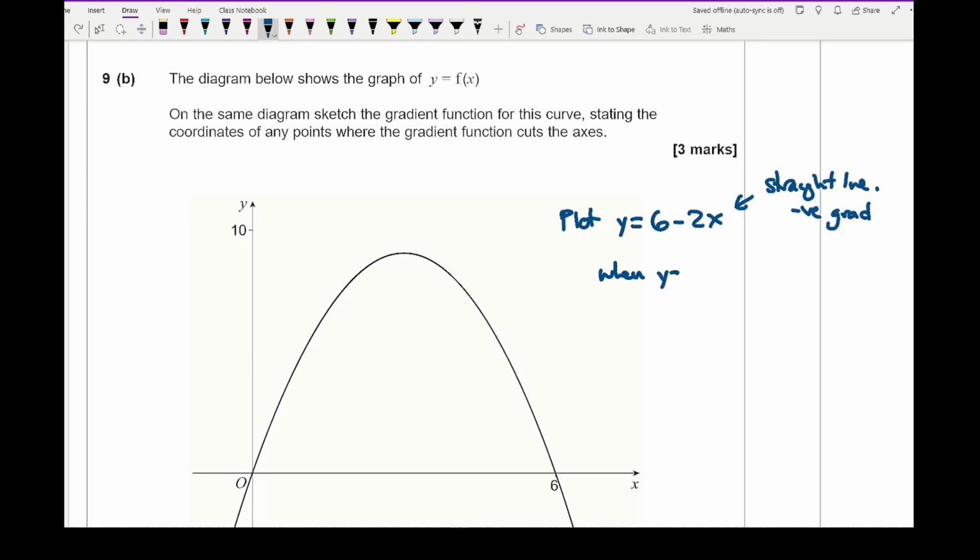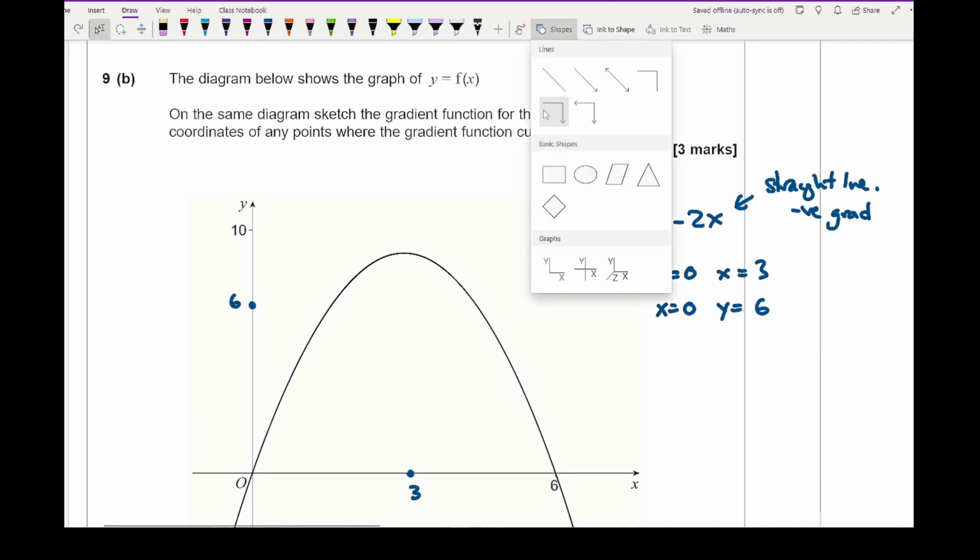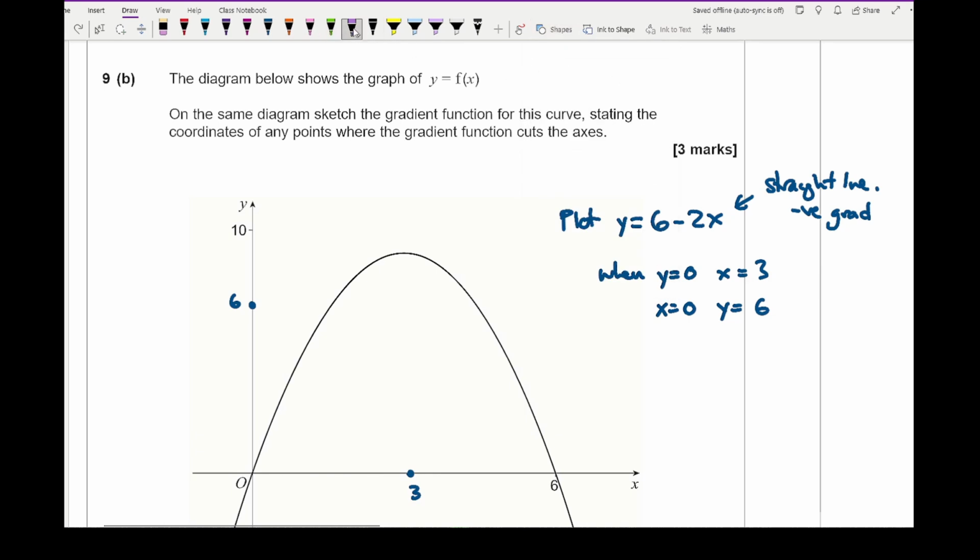When y equals 0, x is going to equal 3, and when x equals 0, y is going to equal 6. So if I imagine that 6 is here, and 3 is going to be halfway, which is there, all I then need to do is draw a straight line through those 2 points.